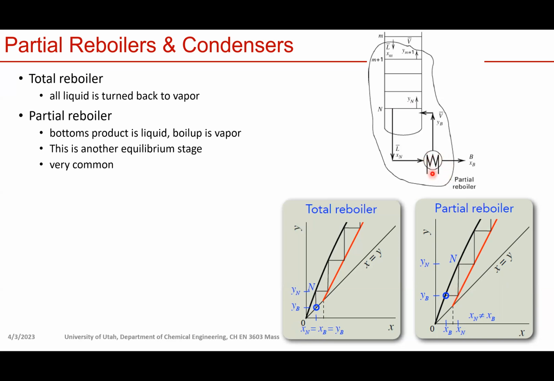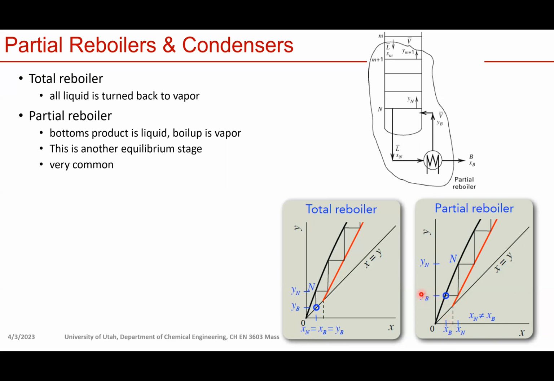Because in this case, we're using a partial reboiler. So the feed, Xn, goes into the partial reboiler, and the partial reboiler will produce a vapor of composition YB and a liquid with composition XB.